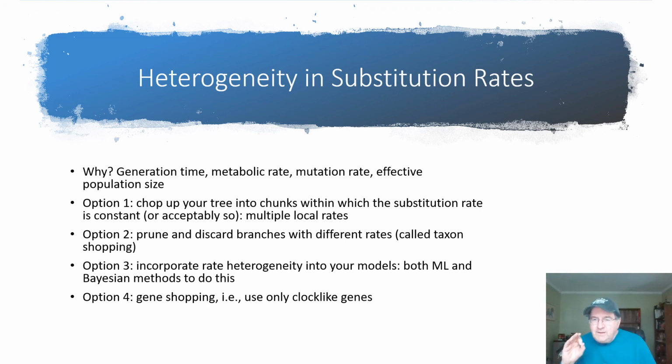And then you only take and analyze those that have strict clock-like behavior in order to put absolute ages on your cladogram. Again, in most of these you're still going to need some fossil calibration points.